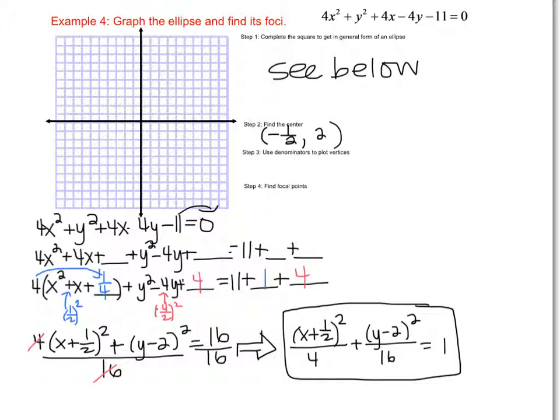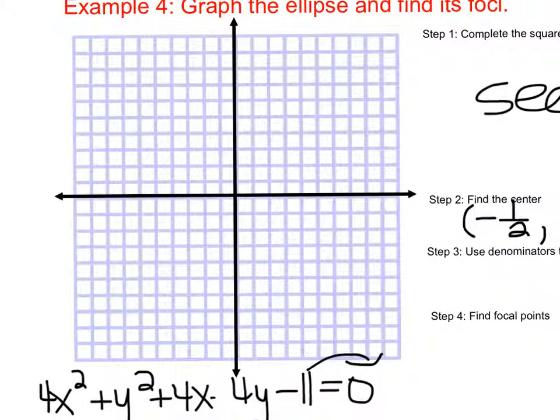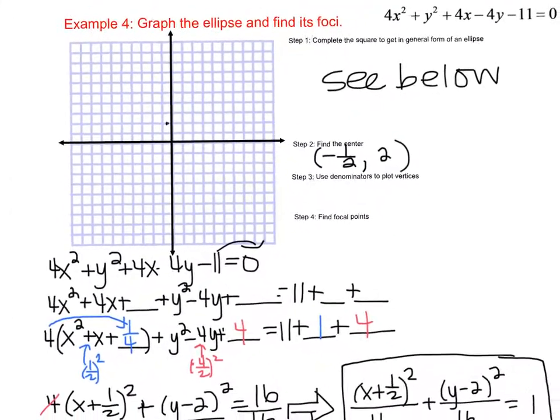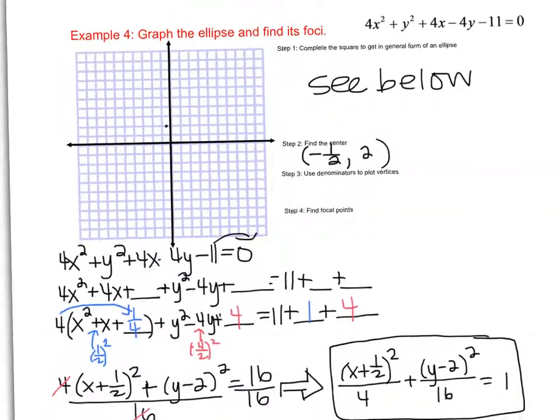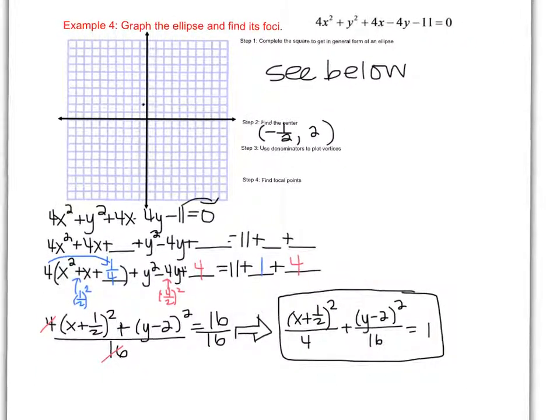So let me first plot my center at -1/2, 2. So -1/2, 2 is right here. Okay, and then let me use my denominators to go ahead and plot those vertices. So the denominator, try to color code this again, the major axis is going to be the y-axis, and the denominator is 4 squared, or 16.